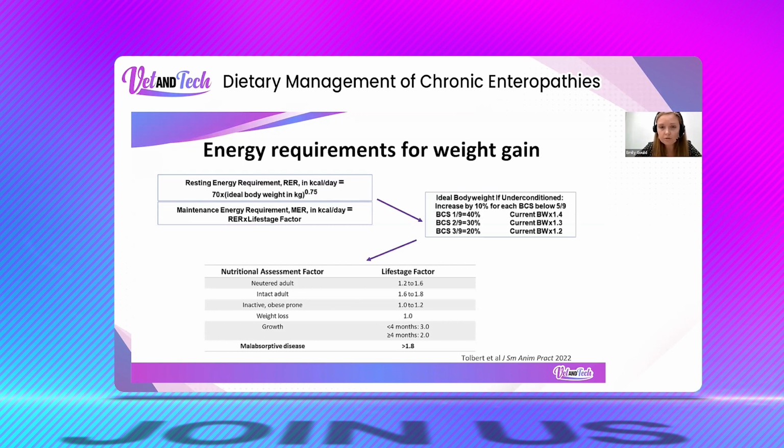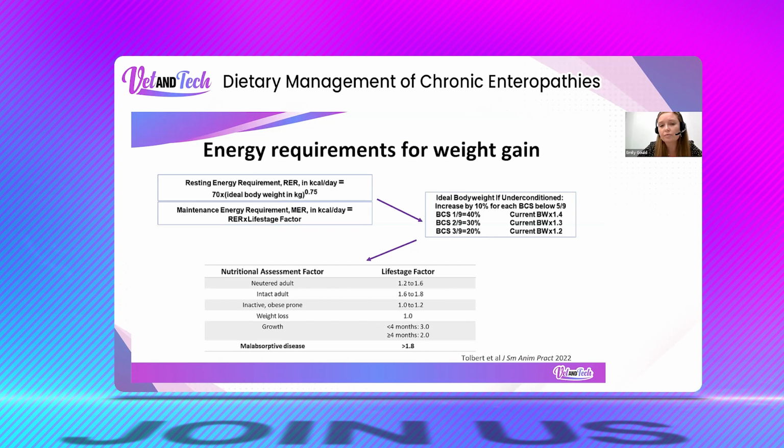So how do we determine what disease or life stage factor the pet in front of us has? This article that came out in JSAP a couple years ago by Katie Tolbert and some other nutritionists is really excellent. It talks about using your BCS to help you increase your caloric requirements. With every point under ideal for the BCS, you would multiply by an additional percentage of 10, if you will.